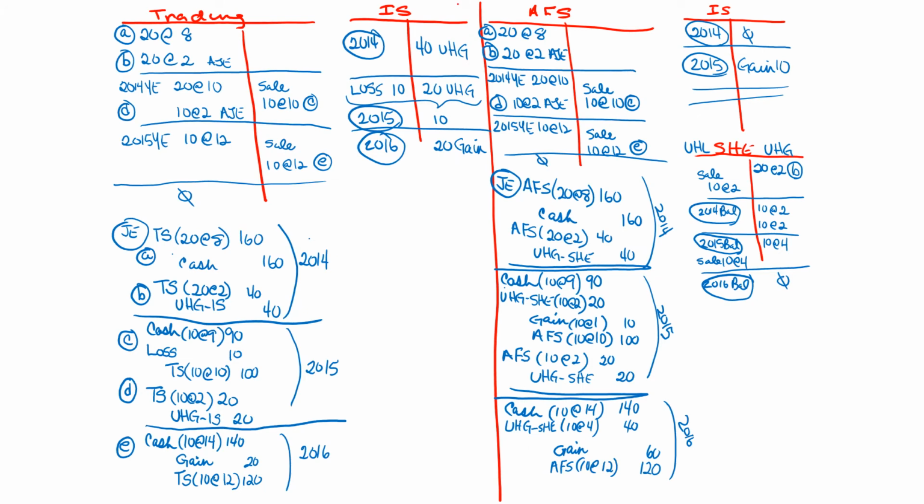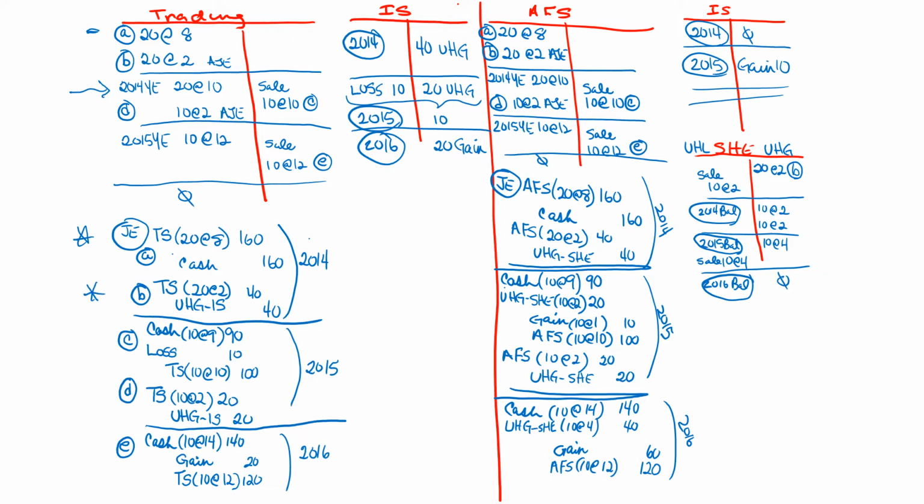In trading securities, in the first year, when we buy 20 shares of ZZZ at $8, we debit trading securities and credit cash. So it's right here. Then we know that we have to get to the year-end value of $10, so we have to mark it up to market. 20 shares, $8 to $10 is $2 a share.